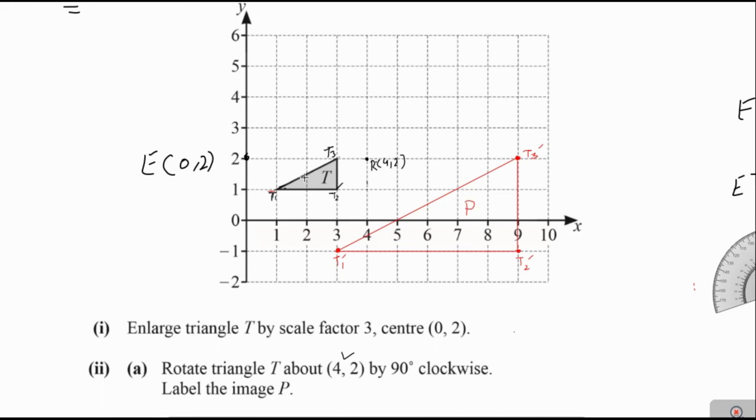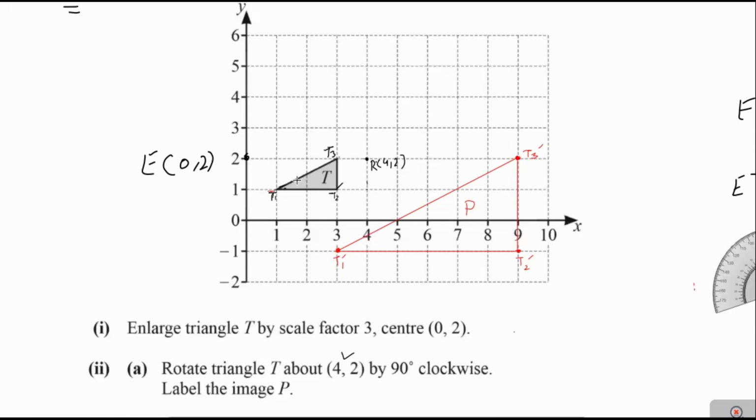Next, we will rotate the point T1 about the point of rotation 4, 2 clockwise to get the image point of T1 by 90° clockwise rotation.